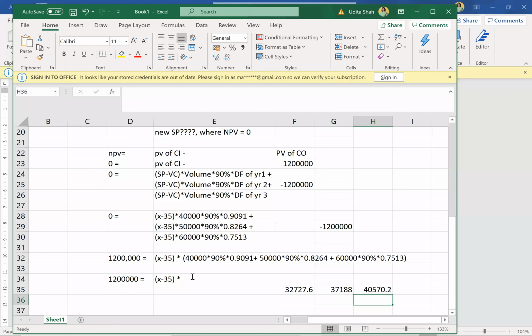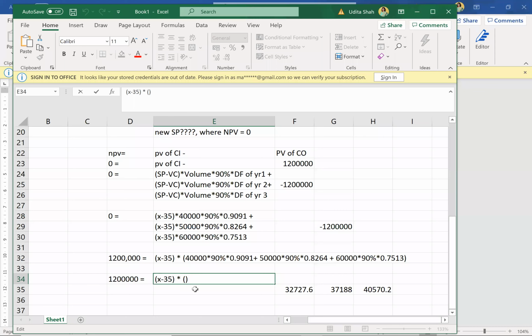Correct? So that will be x minus 35 into this amount, that is 40,000 into 90% into 0.9091, plus second year 50,000 into 90% into 0.8264, and plus third year 60,000 into 90% into 0.7513.